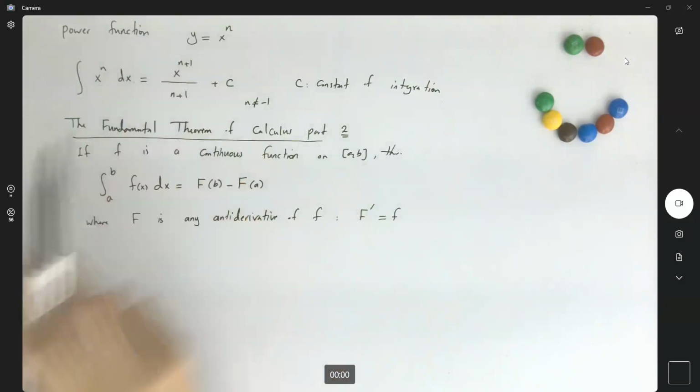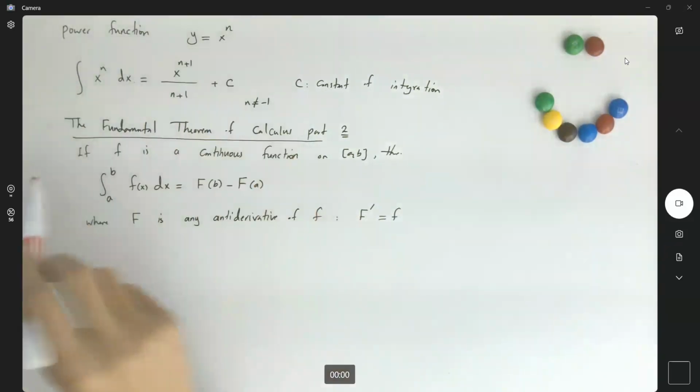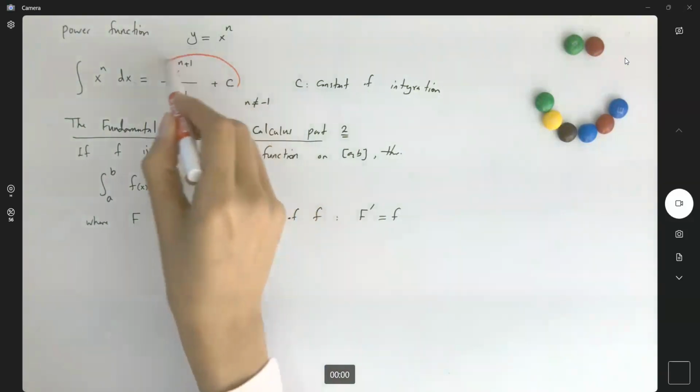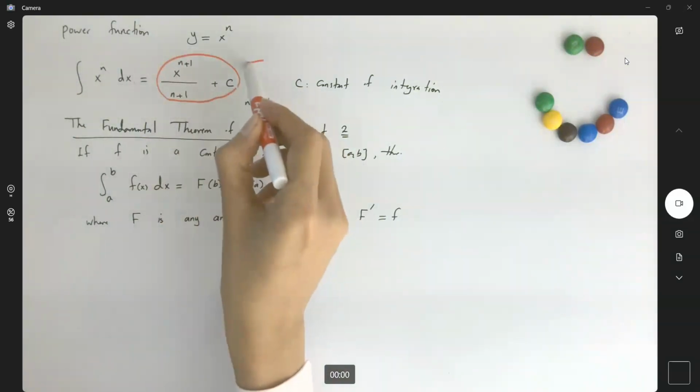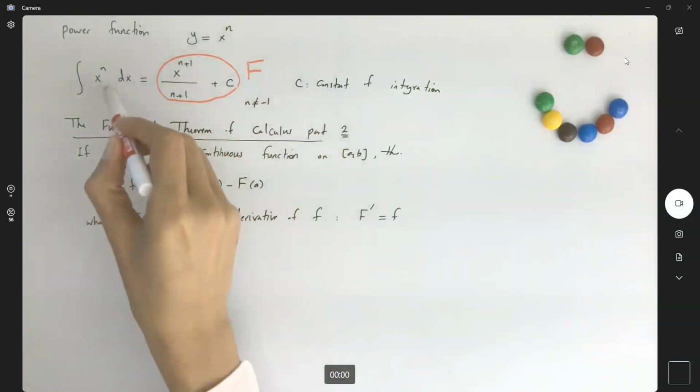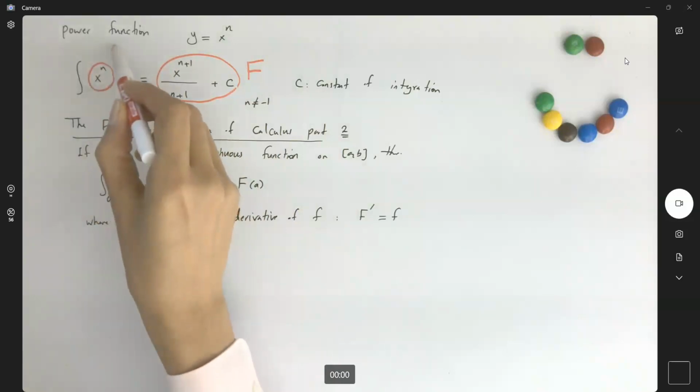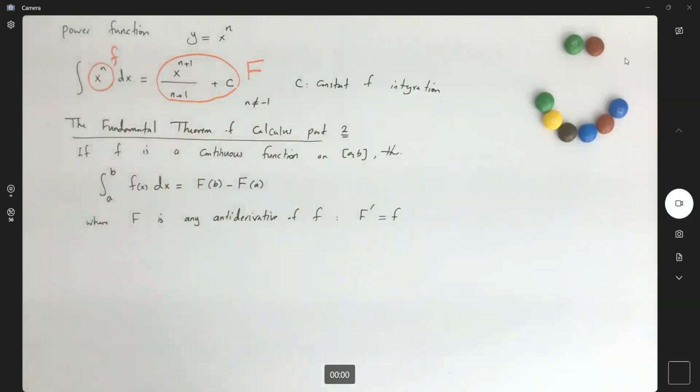So in this case, in our formula up here, our F is equal to this quantity on the right-hand side, and the quantity inside the integral is your integrand or f.